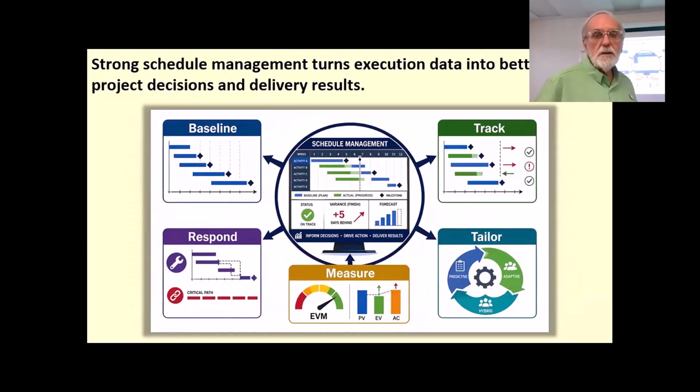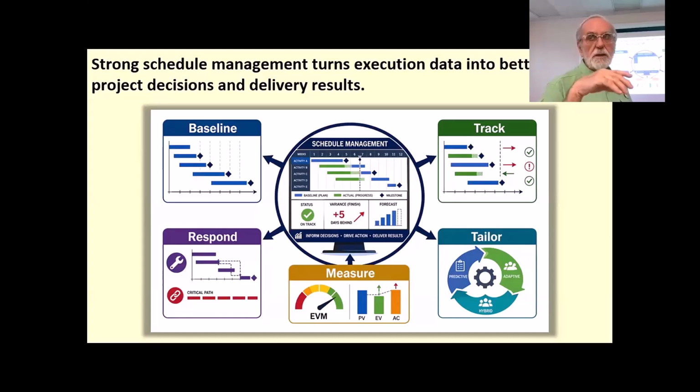So key takeaways: strong schedule management turns execution data into better decision-making and delivery results. Again, throughout the presentation, we've looked at schedule as a narrow issue, but it's a major part of delivery performance. It can begin with the idea that delivery performance reflects execution, whether execution is producing controlled project progress or outcomes.